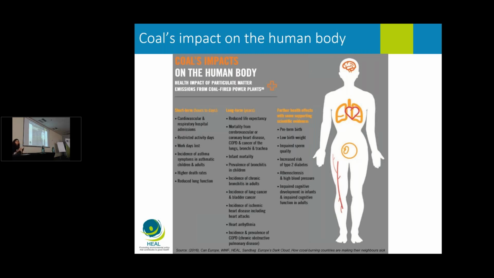Long-term, it's something that accumulates in every generation and also influences public health significantly, like incidence of lung cancer or bladder cancer, or increasing infant mortality or reduced life expectancy. And further health effects are, for example, low birth weight in another generation, or impaired cognitive development in infants, or impaired cognitive function in adults, and so on. So it's a huge range of effects.